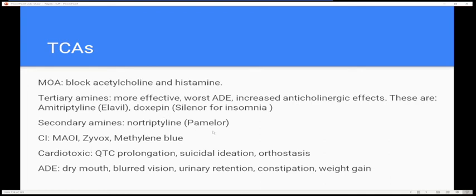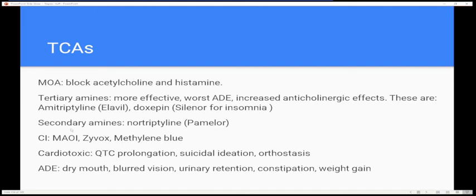Again, the contraindication is the same thing: MAOI, Zyvox, methylene blue. Now, TCAs are drugs that you don't want to use if the patient had suicidal attempts or is thinking about suicide. They're easier to overdose on, and they'll cause a really bad QTC prolongation.